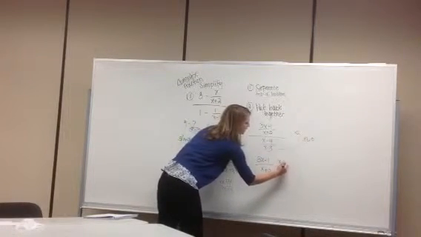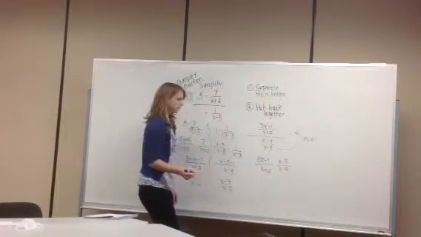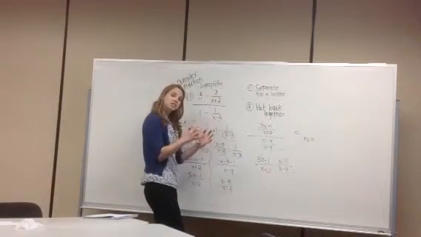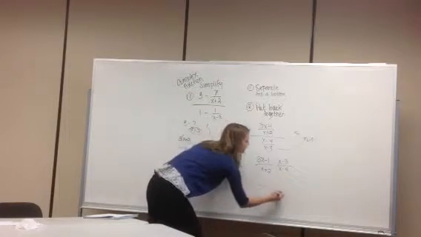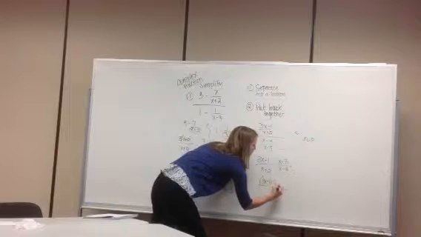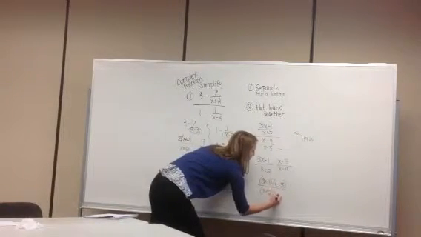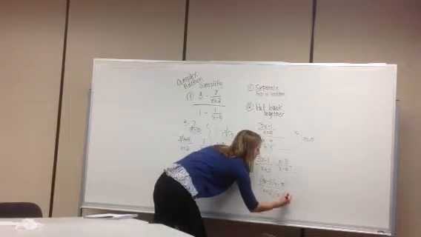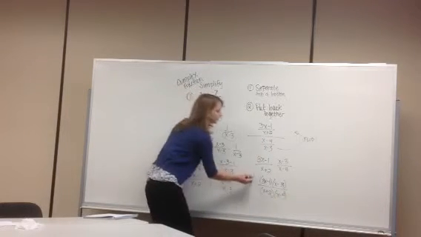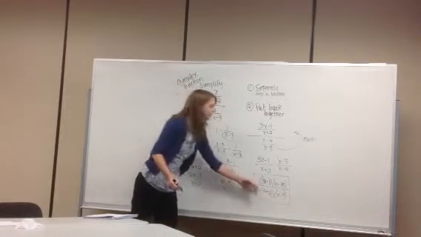Flip that fraction, multiply instead, and now I'm going to put parentheses around and just write it all as one fraction. No need to FOIL, especially in calculus, no need to FOIL. I'm done.